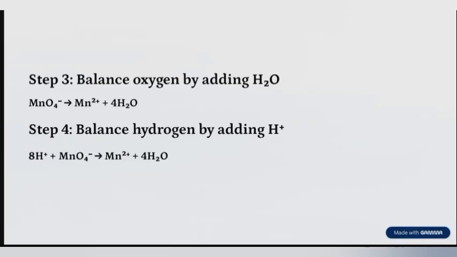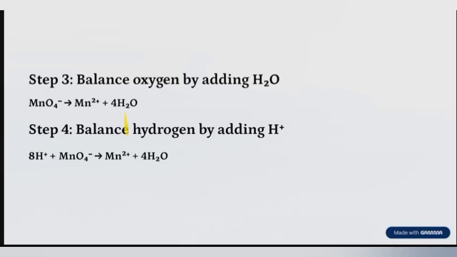So now to balance for the H, this side has H, and this side did not have H. How many H do we have on this side? We have 4 times 2, because 4H2O is saying 4 times 2 hydrogen is on the right-hand side.